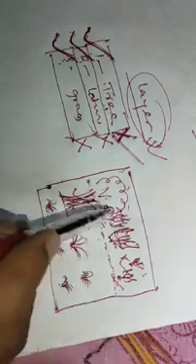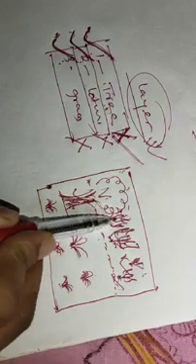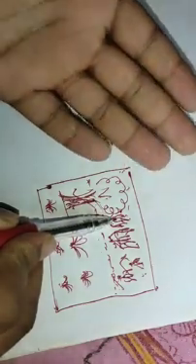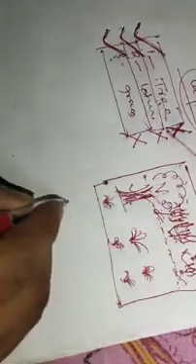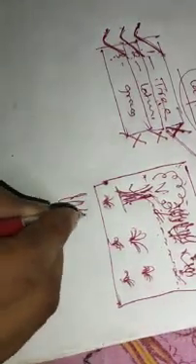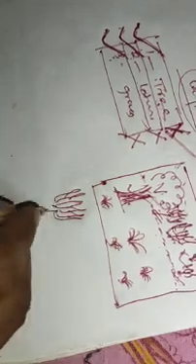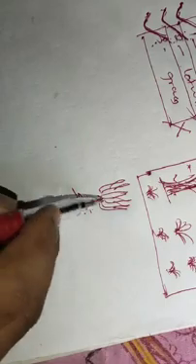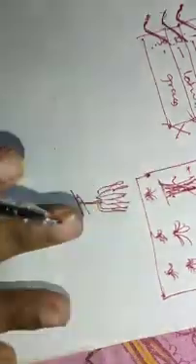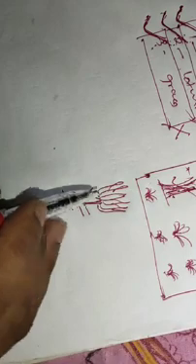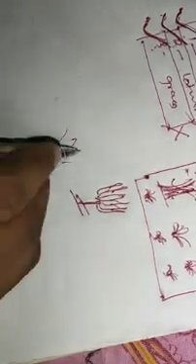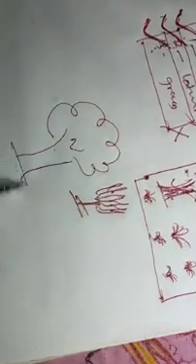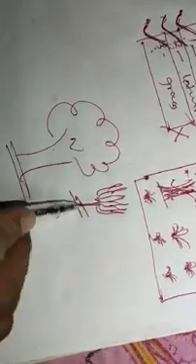This lotus should be in the background, and the tree should be in the foreground. So if I draw the tree, the lotus is going to be in the background. Suppose this tree is there, and this lotus is there.